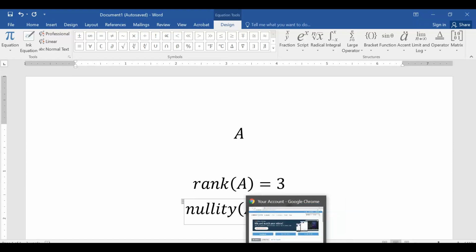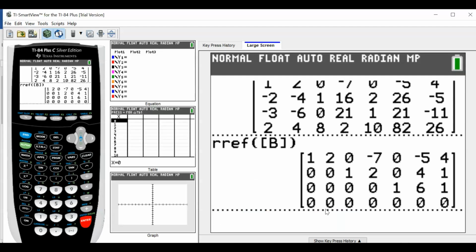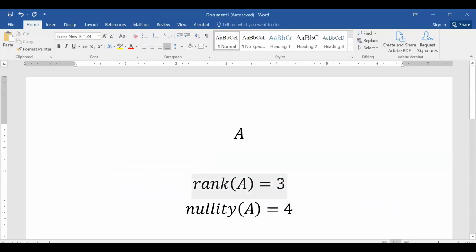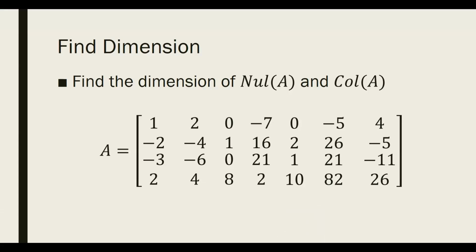I ended up with 4 free variables, columns 2, 4, 6, and 7. So those 4 columns represent free variables, and so the nullity is going to be 4. So rank is 3, nullity is 4.